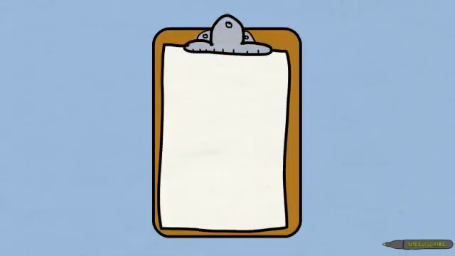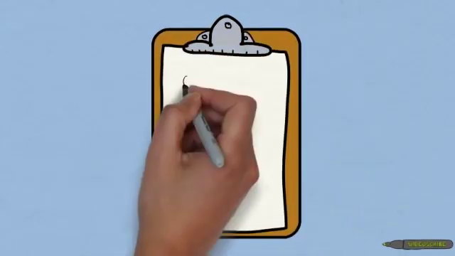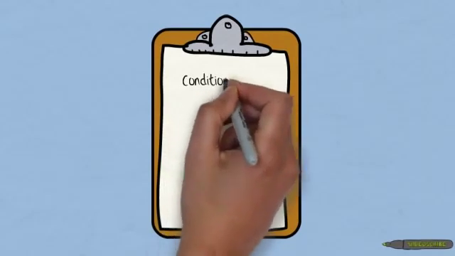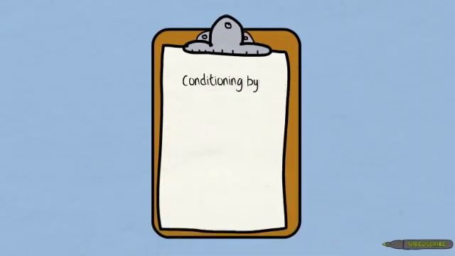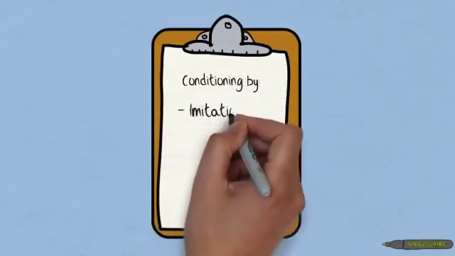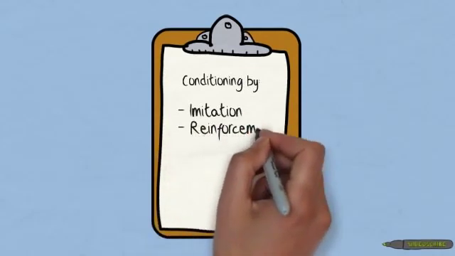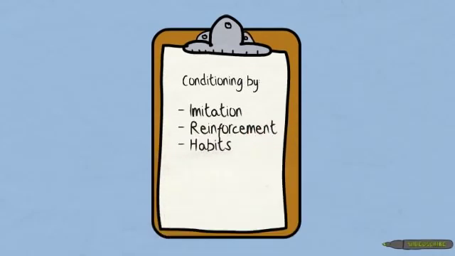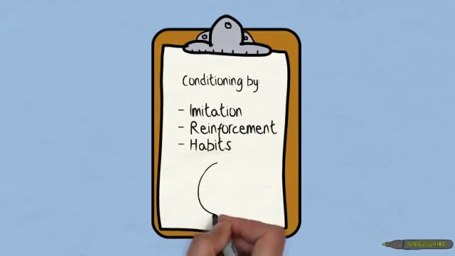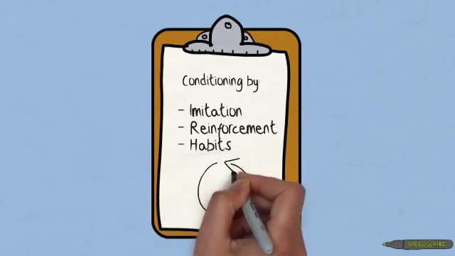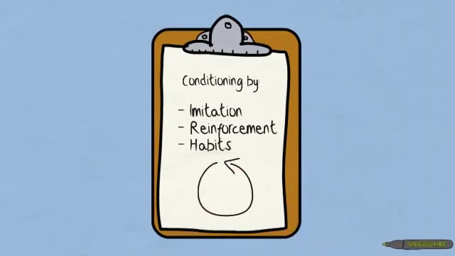So, in conclusion, language learning for the behaviorists is a matter of conditioning by means of imitation, reinforcement, and habit forming. And although this theory has its shortcomings, it has some merits as well, and still influences the teaching of second languages in some ways, though certainly not to the extent that it did when it was first introduced.